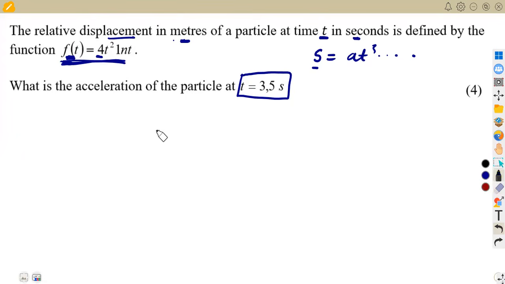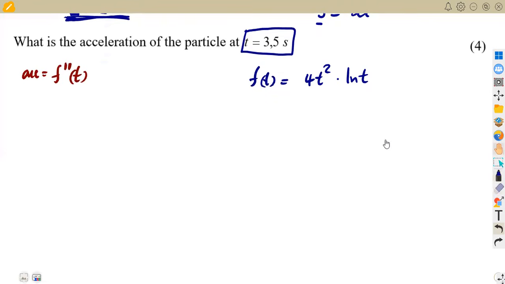So we are going to find our acceleration from the second derivative of this function with respect to t. That means all we need is to differentiate the given f of t, which is 4t squared ln t. Like I was saying, you need to know your basics of derivatives.